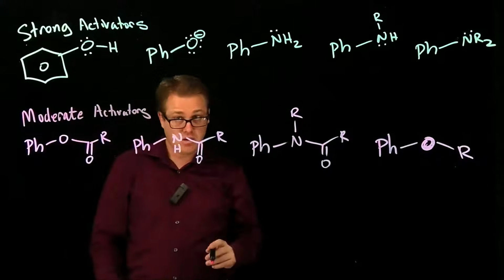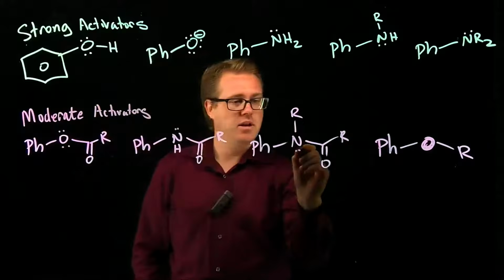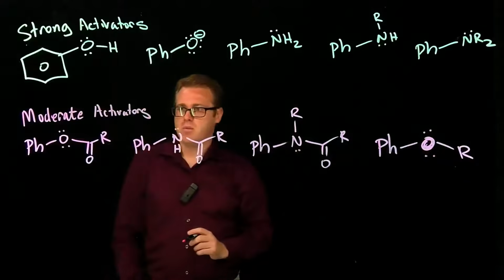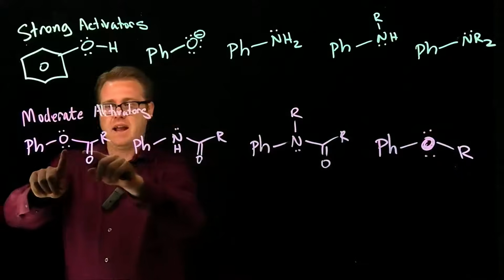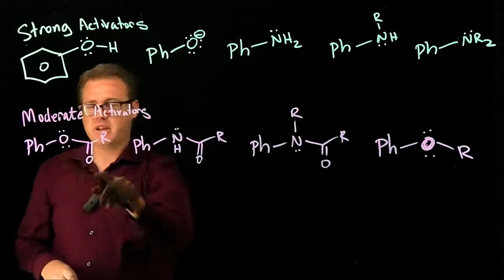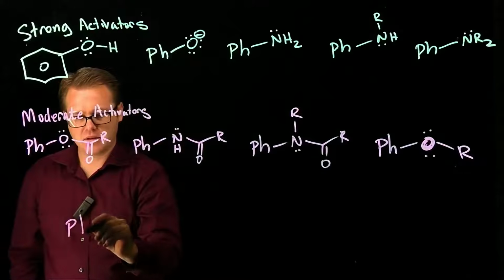Now they also have lone pairs that can be donated into the ring. But why? So if they have lone pairs just like the strong ones, why would we call these guys moderate? Well, let's think about this.